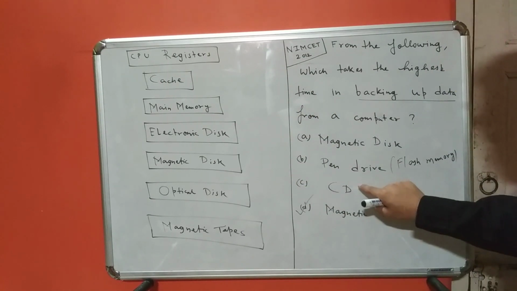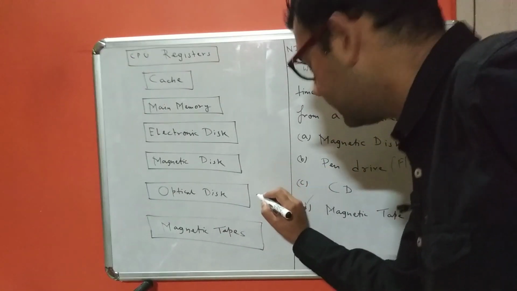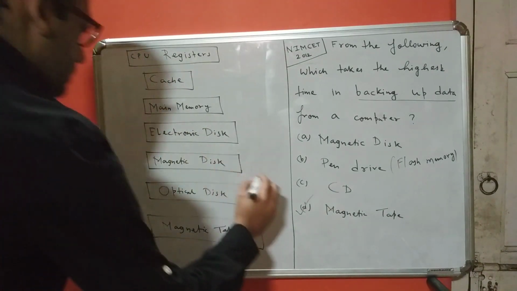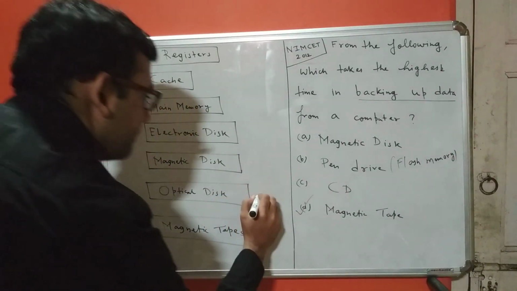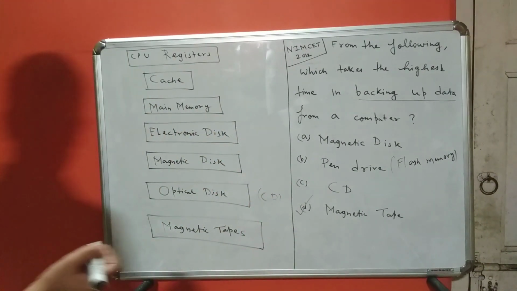What about CD? Compact disk. Compact disk fits here under optical disk.